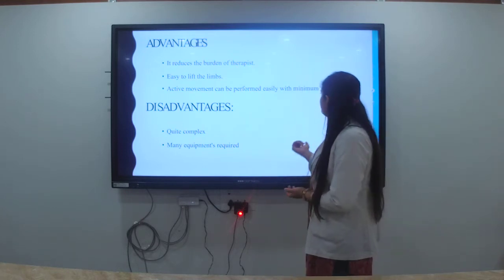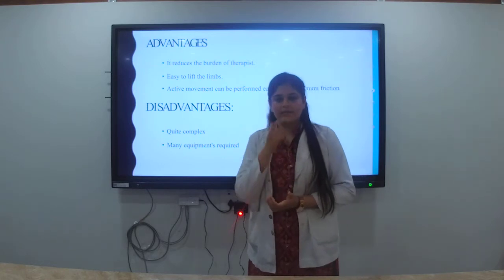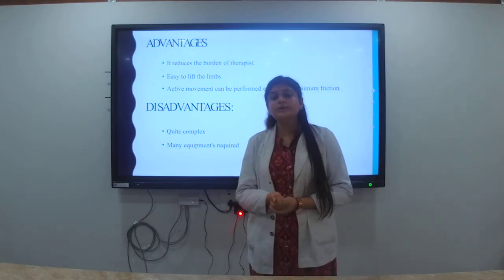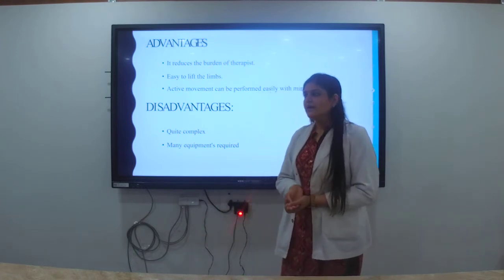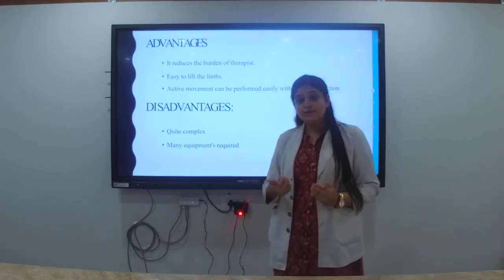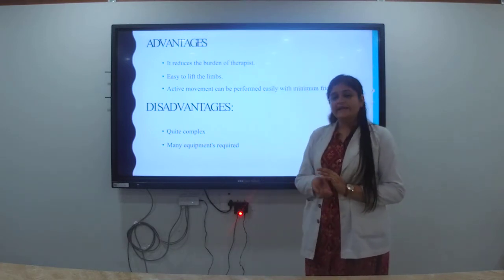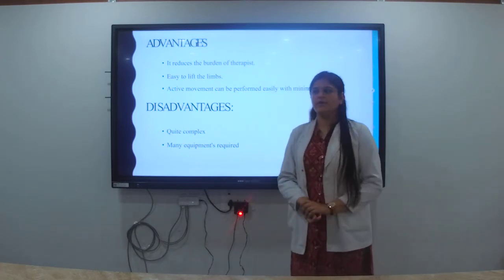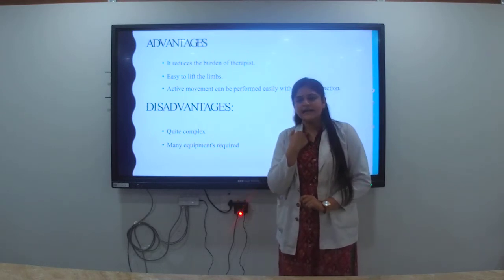Active movements can be performed easily with minimal friction. Now this point is particularly applicable in patients who are not able to do the grade 3 movements. I mean in the grade 3 plane. So then we can suspend the limb in a grade 2 plane and bring about the movements which were actually impossible actively in the grade 3 plane. Now for example, if I have to move my elbow like this, this is the grade 3 plane.